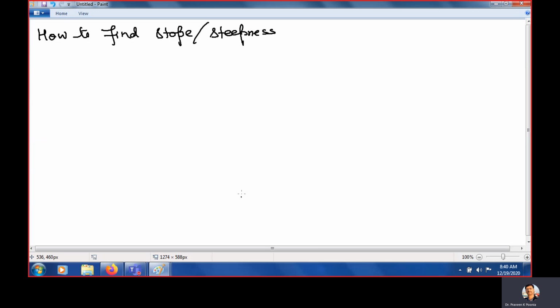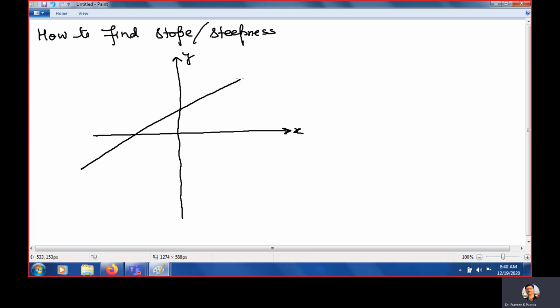It is very simple. First of all, let us draw the x-axis here, then draw the y-axis here. Clear? Let us draw one line. It is not becoming straight.